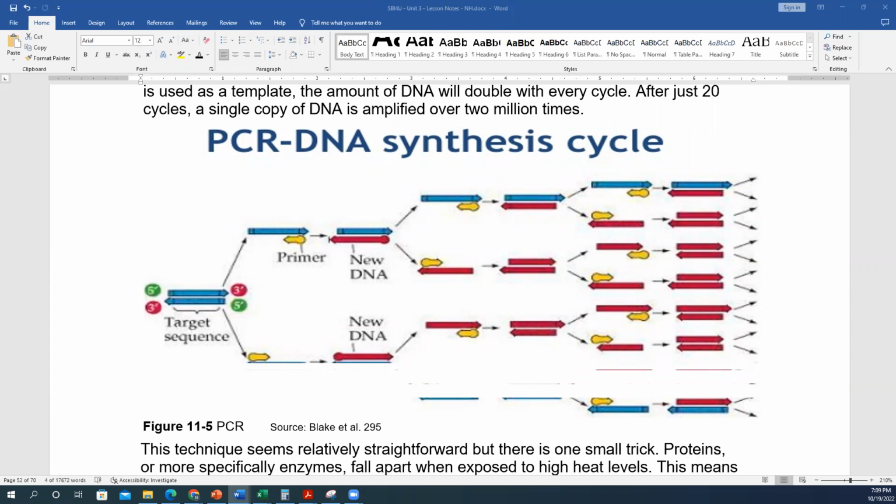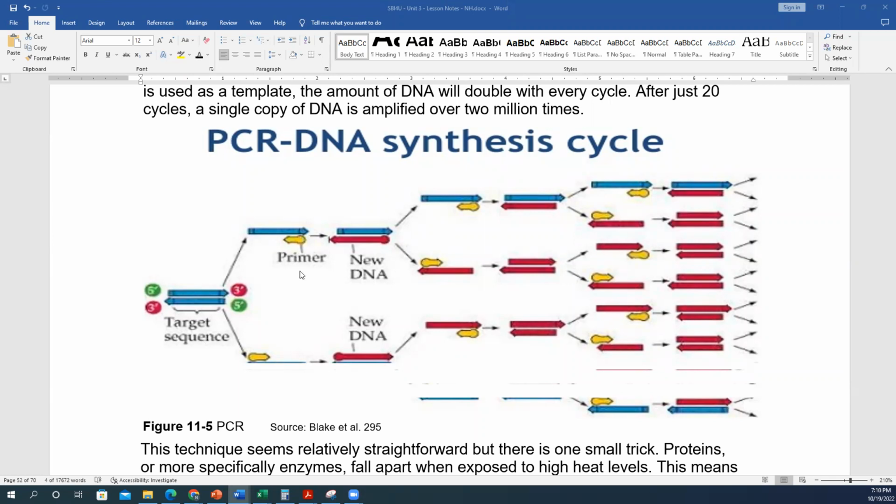And once you have those single-stranded forms, then you add the primers, which are complementary to the DNA sequence from the ends of the region that you want to copy. So for example, let's say this is the double-stranded piece of DNA that you want to amplify and make many, many more copies of. You need to design primers for each end of the two strands.